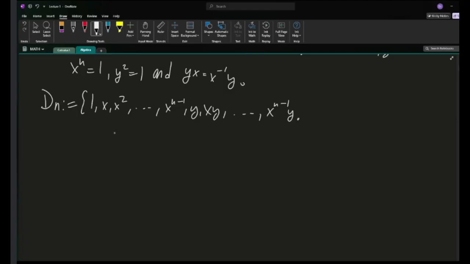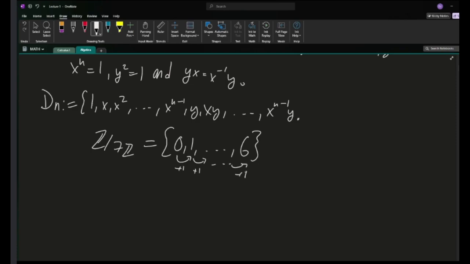Okay, so let's say we're dealing with the additive group Z mod 7Z, denoted by the elements 0, 1, all the way to 6, right? All we're doing is adding 1 plus 1 plus 1 and so forth.